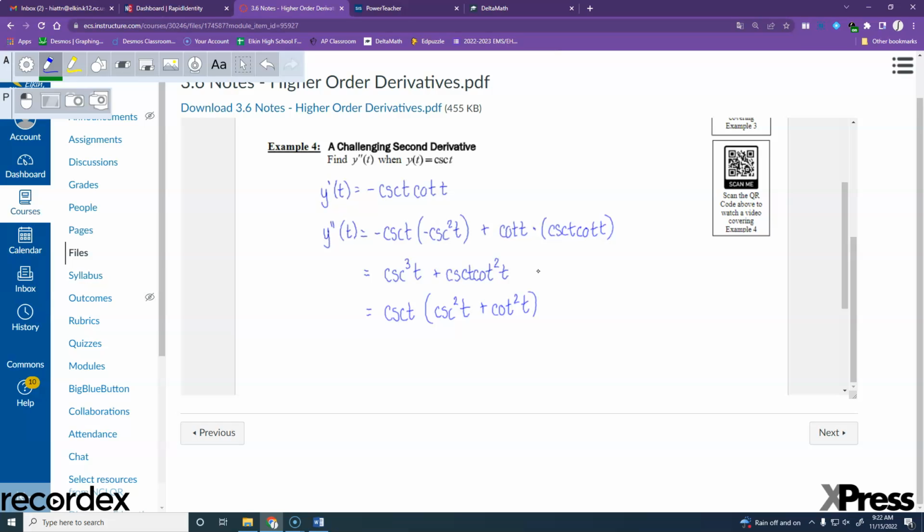Now, when we did trig identities long ago, the Pythagorean identity was sine squared t plus cosine squared t equals 1. Everybody always remembers that one usually. Underneath that on the quiz there were two more.